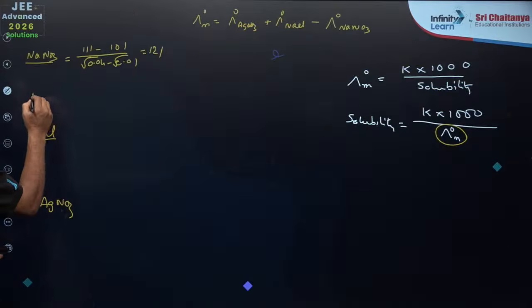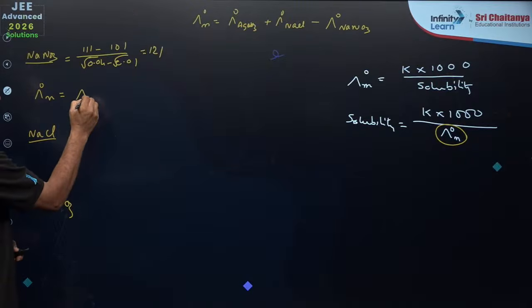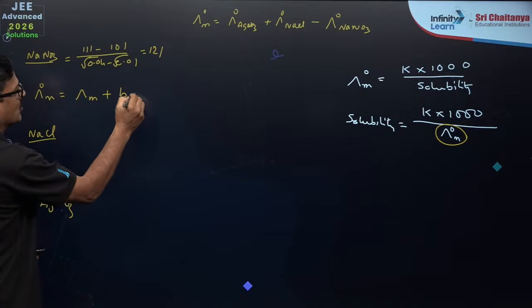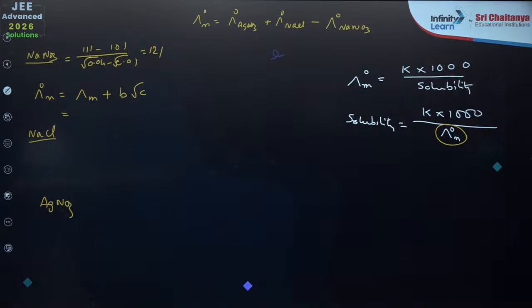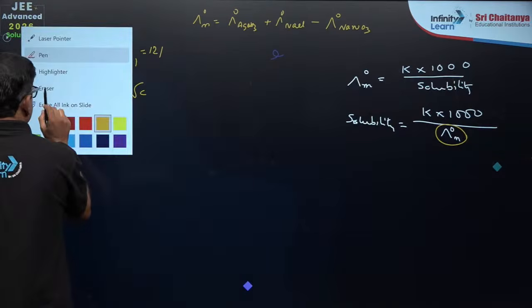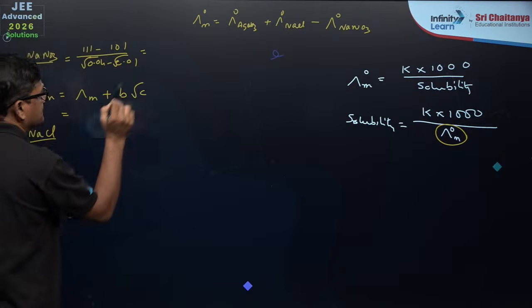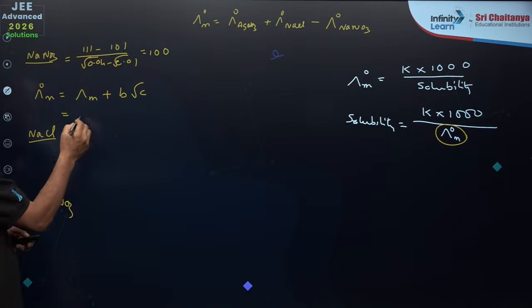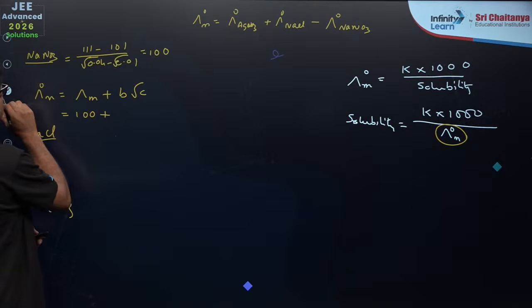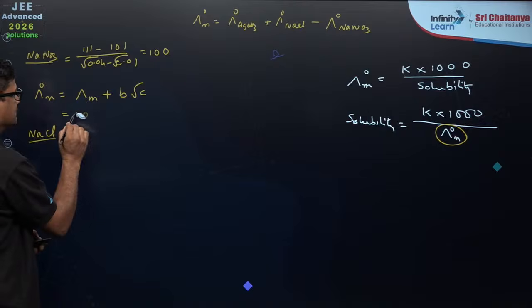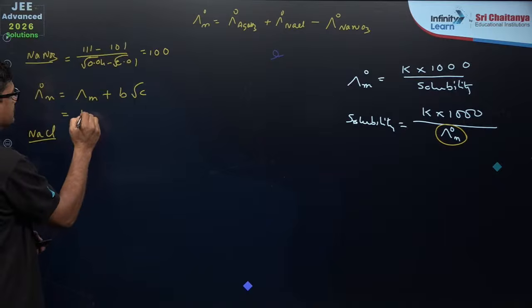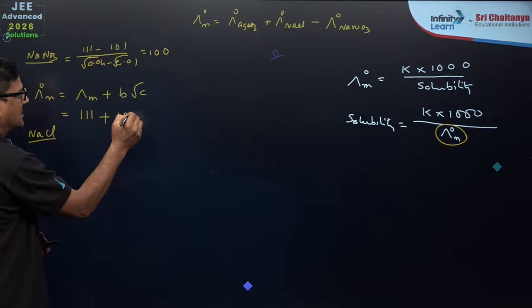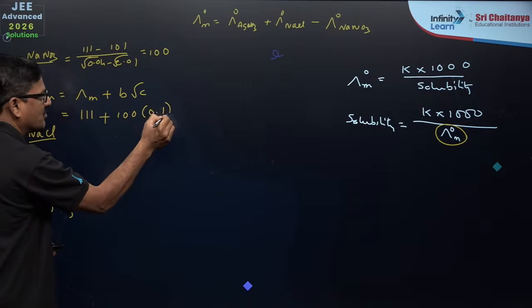So limiting molar conductance you can take here, molar conductance plus B root C. It is going to be 100, and the molar conductance you got is 111, plus 100 into its concentration 0.1.